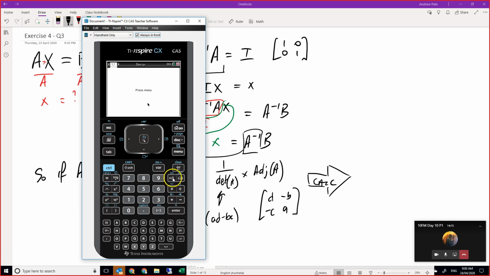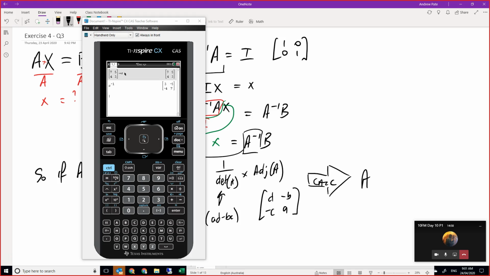All right, so we've got matrix A, which is 7, 5, 4 and 3, and I'm going to store that in A. Okay, so I want the inverse of A, so I can go A to the power of -1, and there's my inverse.